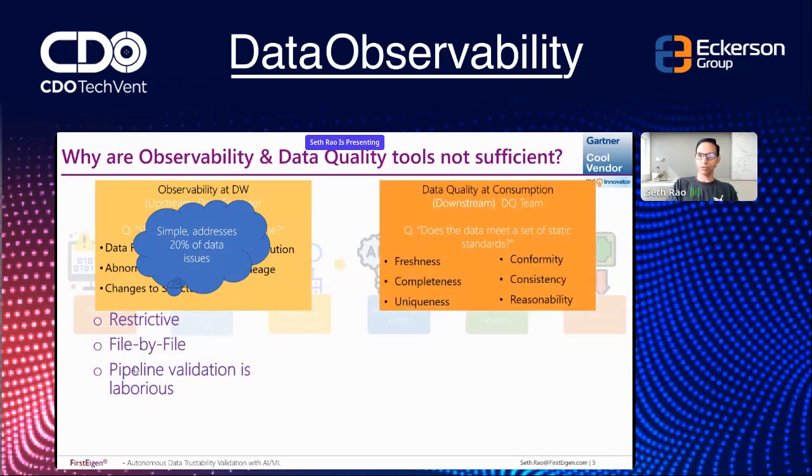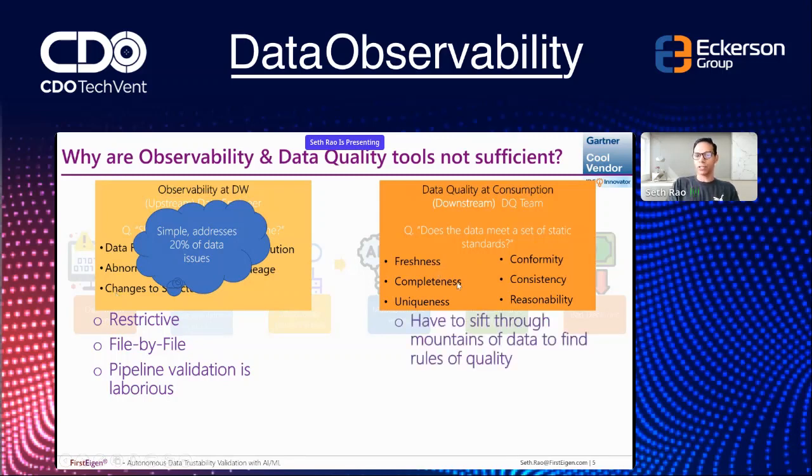Now, the second set of tools, which have traditionally existed, are the data quality tools, and they are typically used at the point of consumption by the data quality team. It looks at a set of standards which are in these 6 categories. Now, these 6 categories are different from the categories that the data observability tools look at.